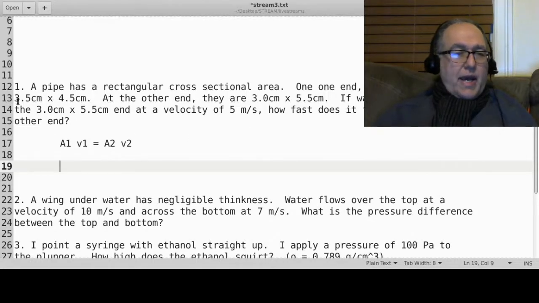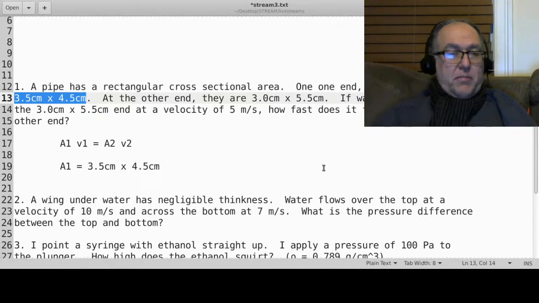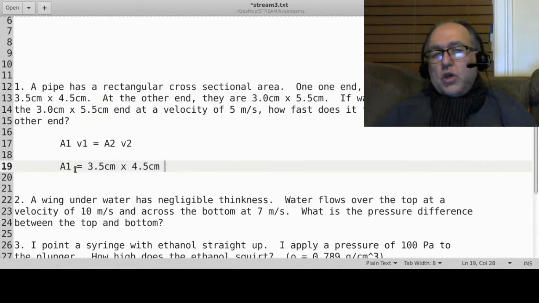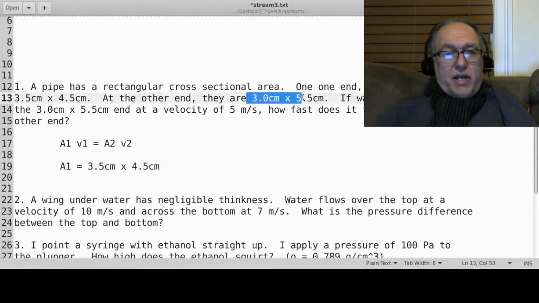And one end has area A1 equal to 3.5 centimeters by 4.5 centimeters. Now you could convert this into MKS units, but you actually don't have to here because all of the information is in centimeters.